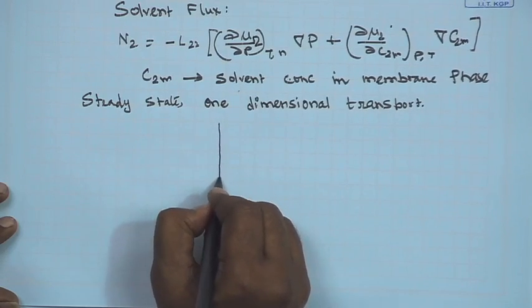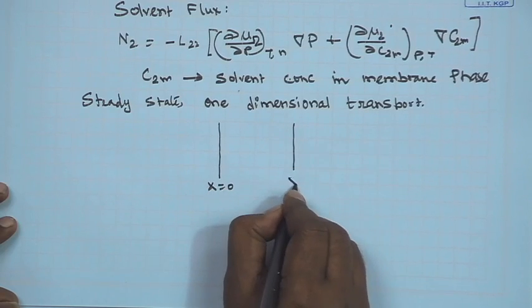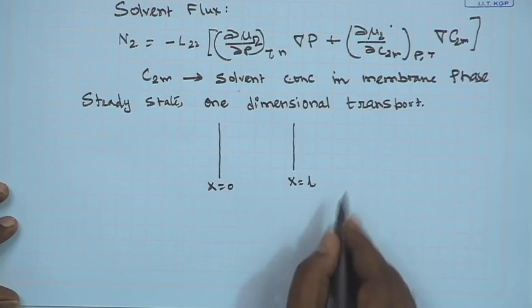So, let us write down the system geometry, an axis. This is x equal to 0 and this is x equal to L, where L is the membrane thickness.